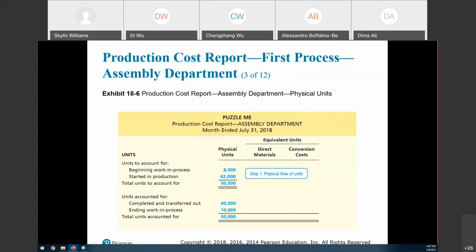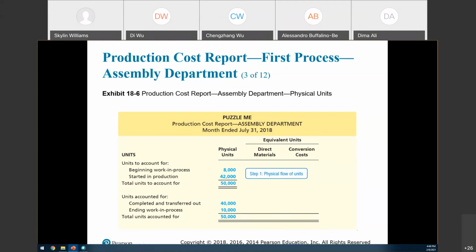As you can see, the total units are equal: 50,000 here and 50,000 here. Okay, it is pretty much straightforward, right? This is the first step.